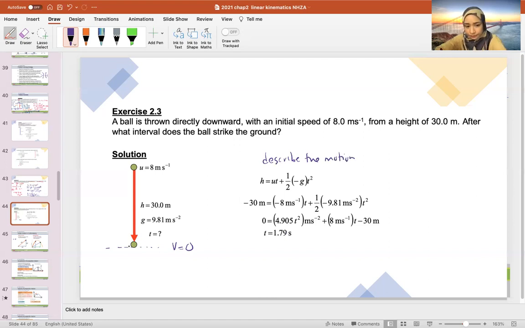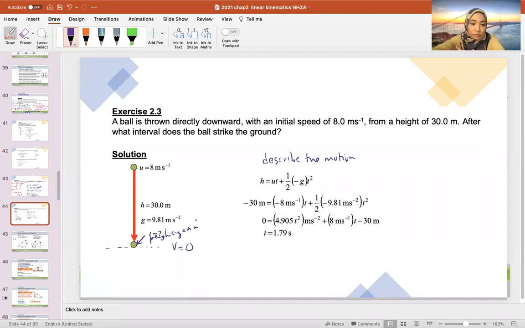And we want to know what happens before the ball touches the ground, because when it touches the ground there's no more motion left. So imagine we're watching a movie and at the end there's the credits, the acknowledgements. That part is still part of the movie, even though it's at the very end.